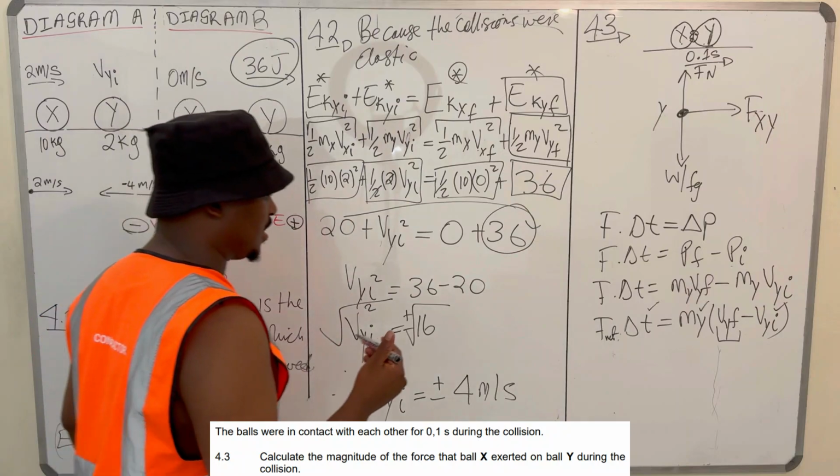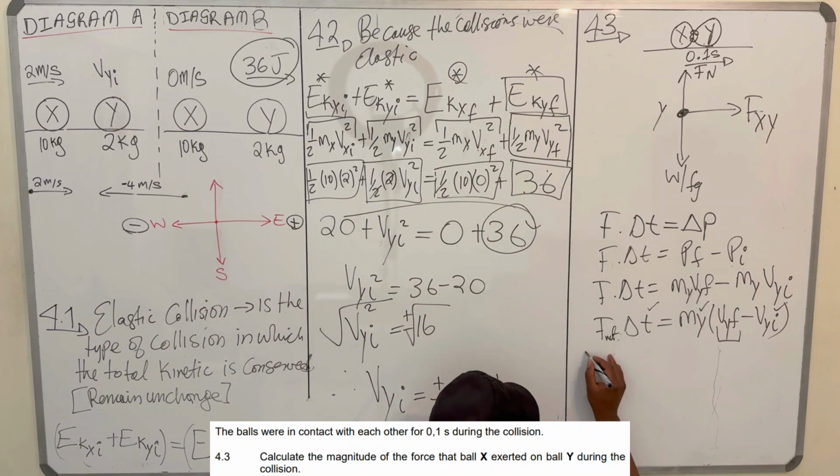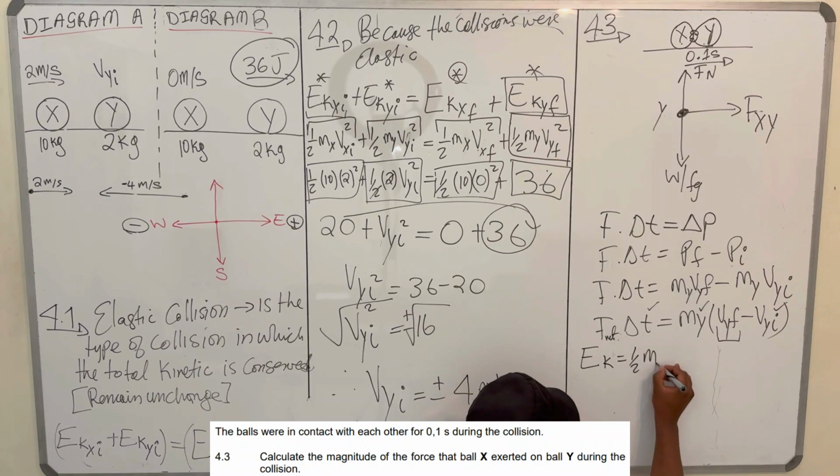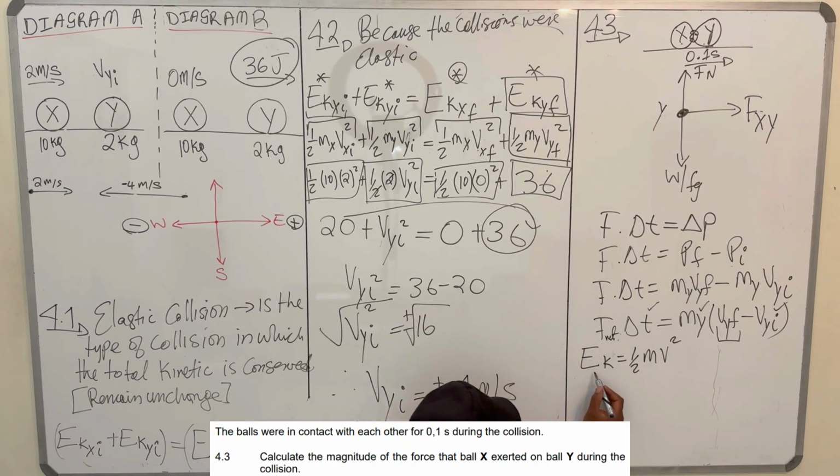So you know that EK is equal to half m v squared. So EK was 36, so 36 equals half m v squared.